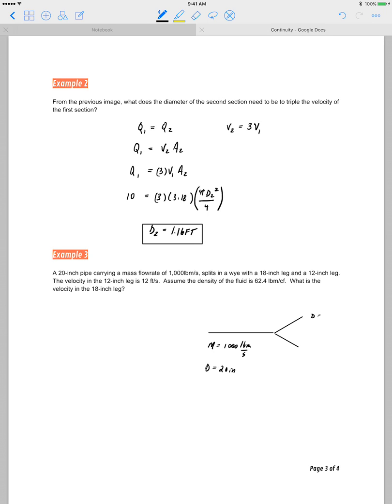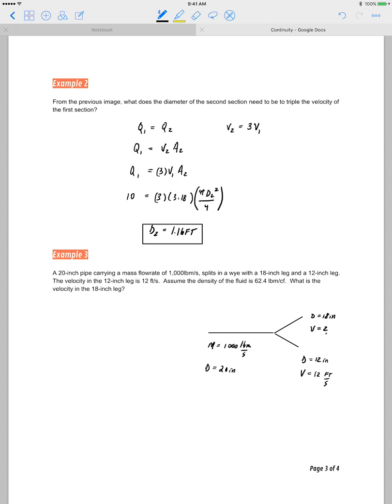We go into a diameter of 18 inches with an unknown velocity, and we go into a diameter of 12 inches with a known velocity.